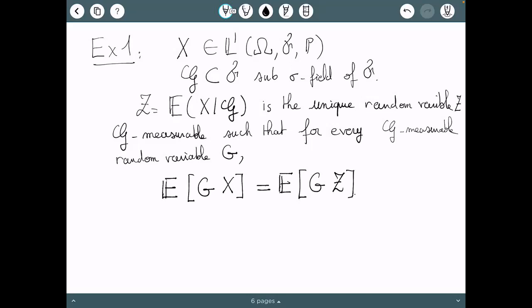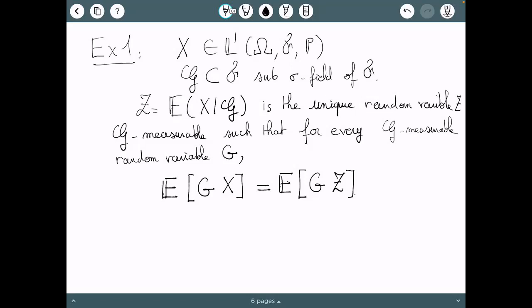Well, I think I remember the thing. It's easier to say what it is if we have X and the condition is just G equal to small g.